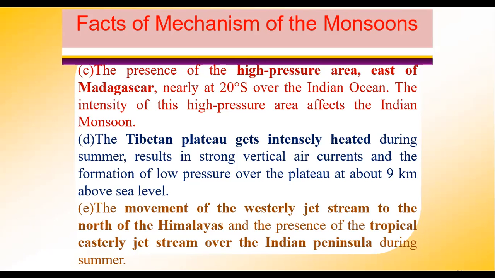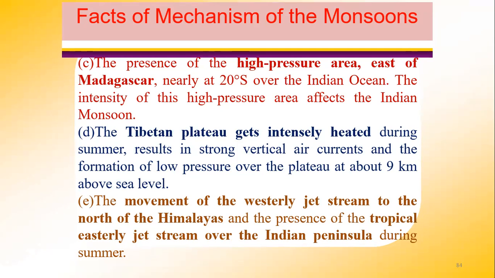Many of its aspects are still being researched. Recent studies have shown that the position of the monsoon is affected by the shifting of the thermal equator and the ITCZ, intertropical convergence zone, as well as by the changes in the position of the jet streams.